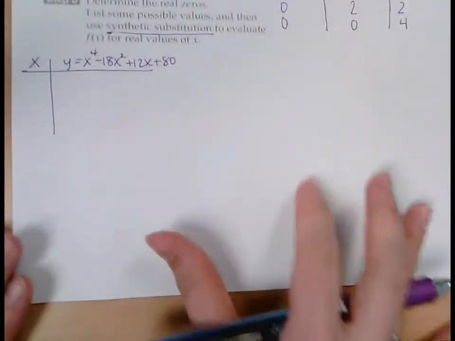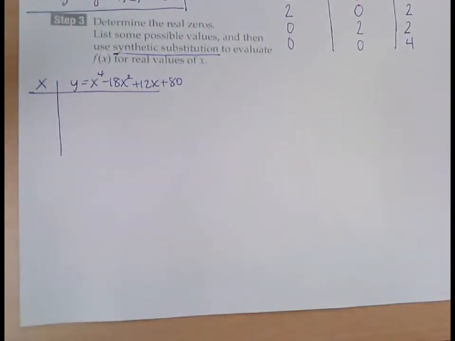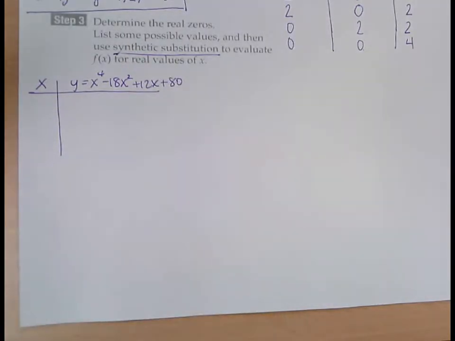That way, if I move it up, I just have the function right there. Okay, so you may want a calculator for this part. Here, you are just going to substitute in different values of x until you find a y value of 0.